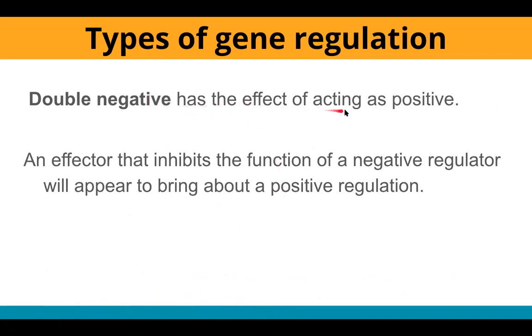Now, a double negative has the effect of acting as a positive. So if you have two repressors, most likely it will result in a positive regulation. So an effector that inhibits the function of a negative regulator will appear to bring about a positive regulation.